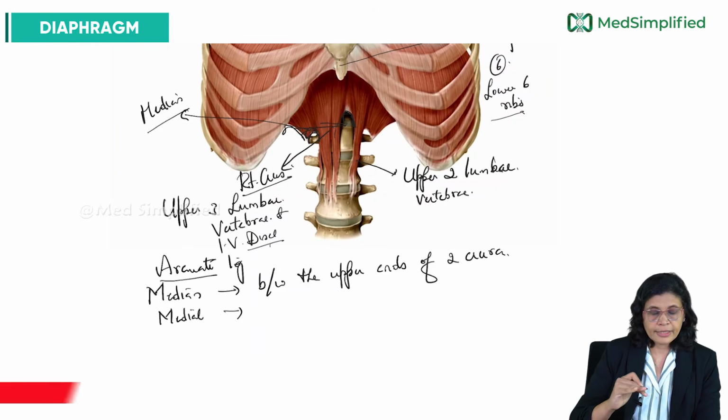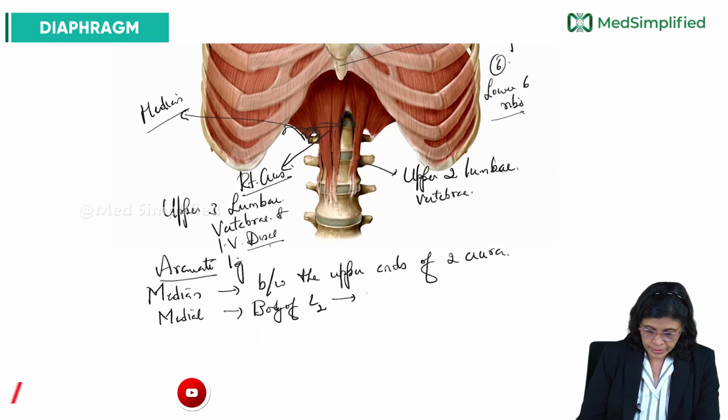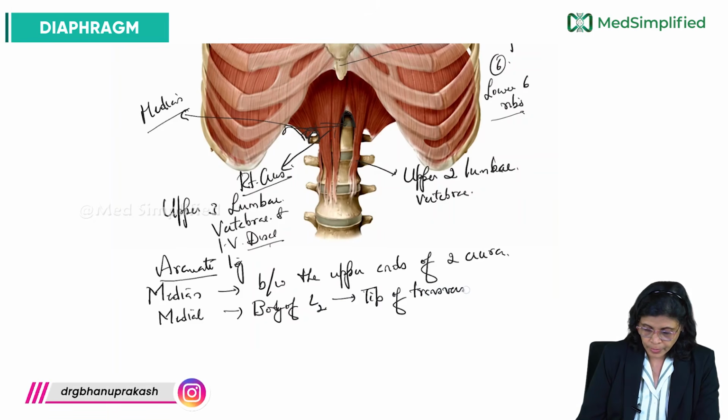It is the thickened upper margin of the psoas sheath. It extends from the side of the body of L2 vertebra to the tip of the transverse process of L1 vertebra.